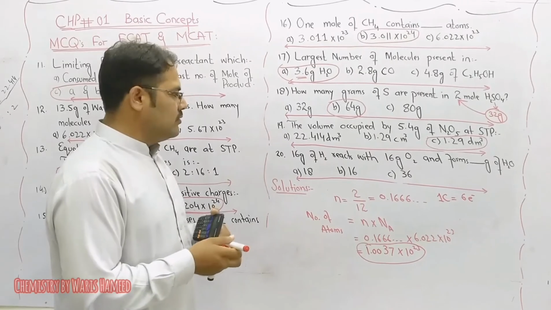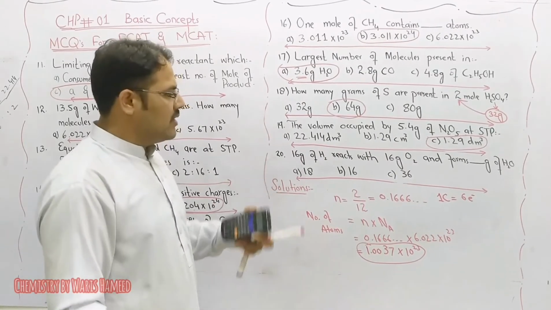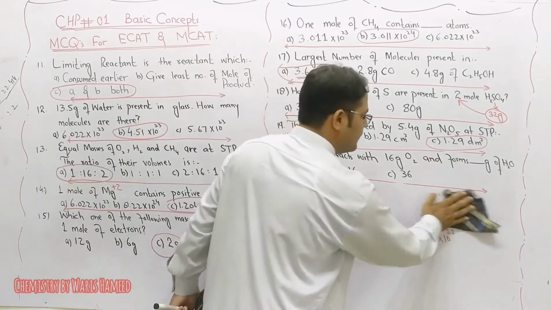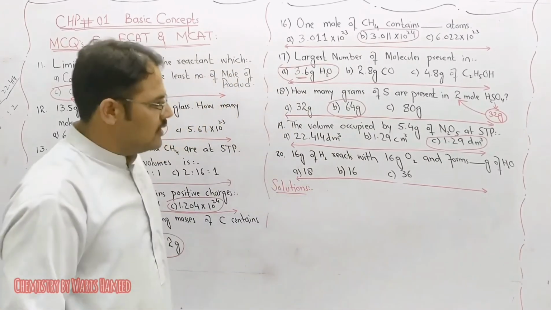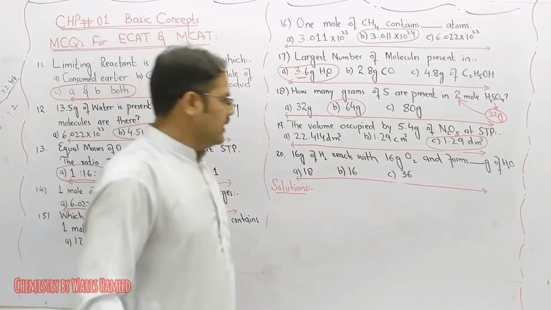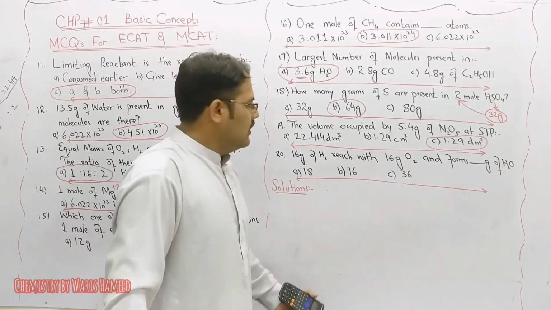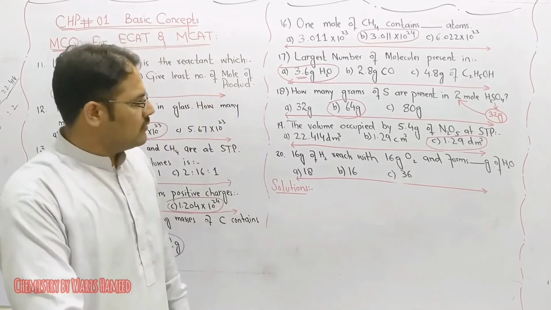Next, MCQ 20. 16 gram of hydrogen reacts with 16 gram oxygen and forms dash of water. In this case, oxygen is the limiting reactant. When 16 gram of oxygen reacts, it will be consumed completely.